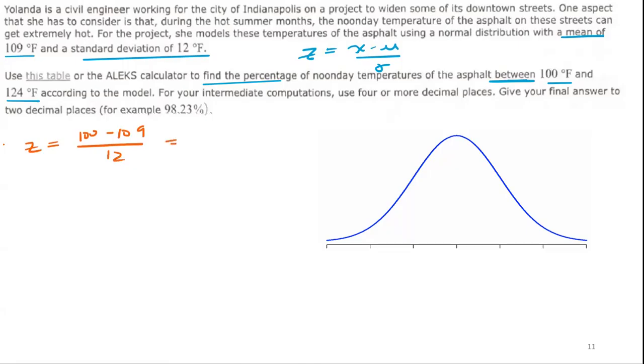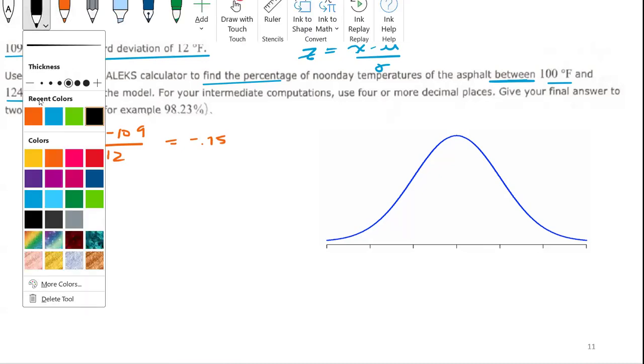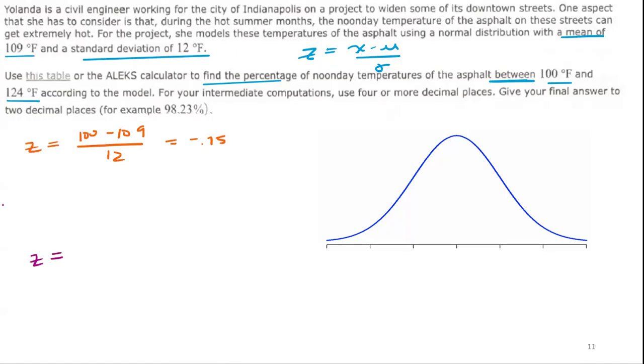When we put that in the calculator, we get negative 0.75. Now we need to calculate the other component. The other one is going to be 124, so 124 minus 109 divided by 12, and that gives us 1.25.